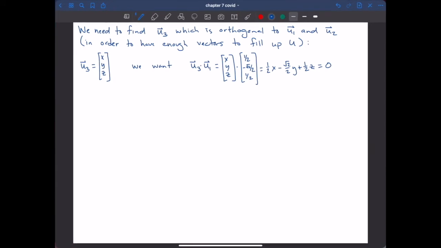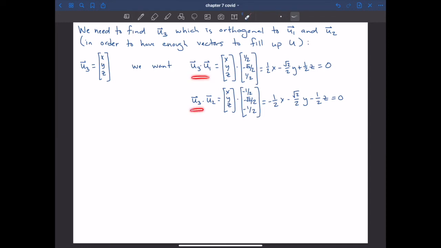We also want U3 to be orthogonal to U2, which gives us another equation. So we want x, y, z dot negative 1/2, negative rad 2 over 2, and negative 1/2 to be equal to 0. That's minus 1/2 x minus rad 2 over 2 y minus 1/2 z equals 0.